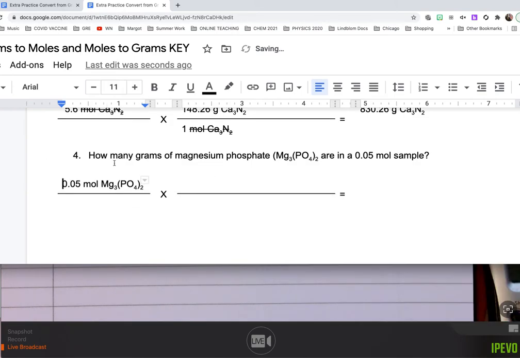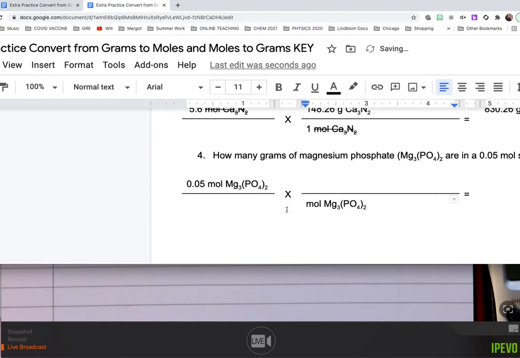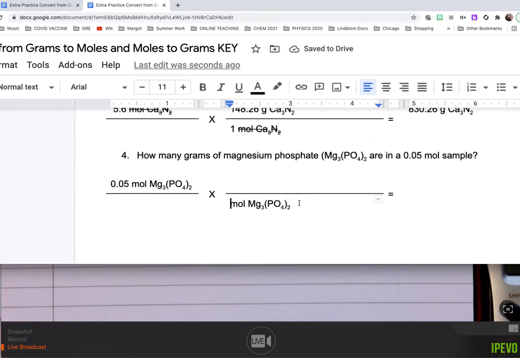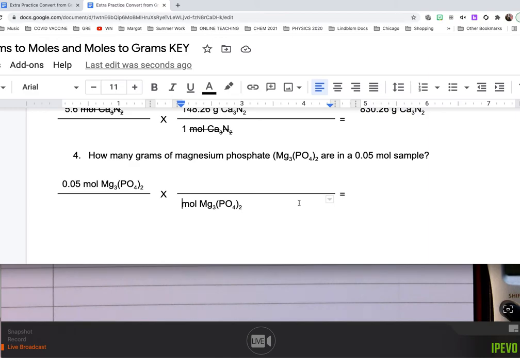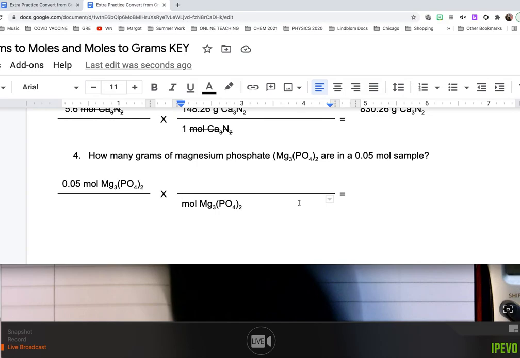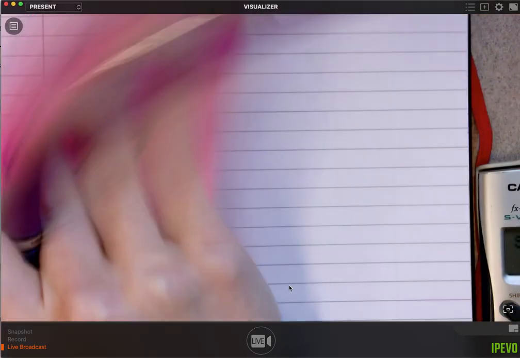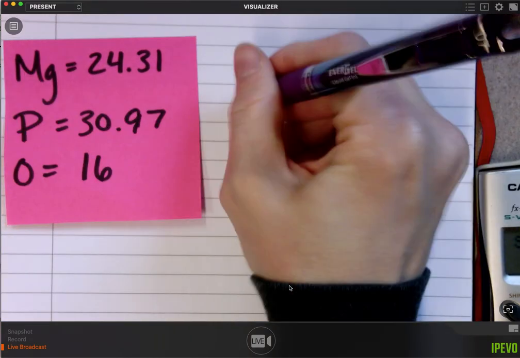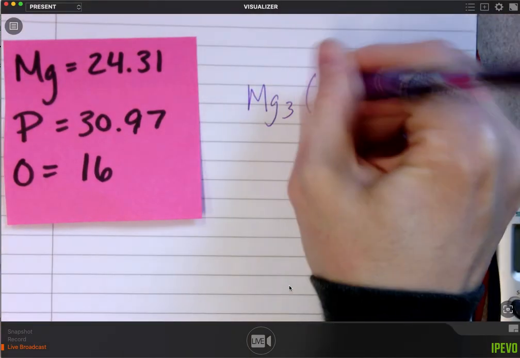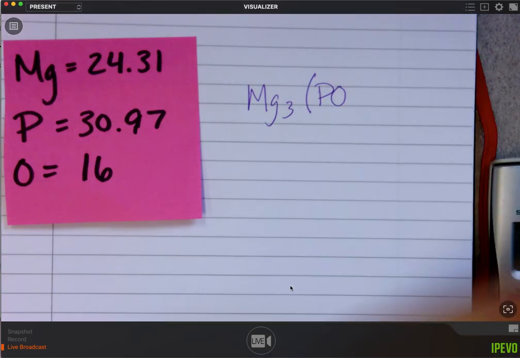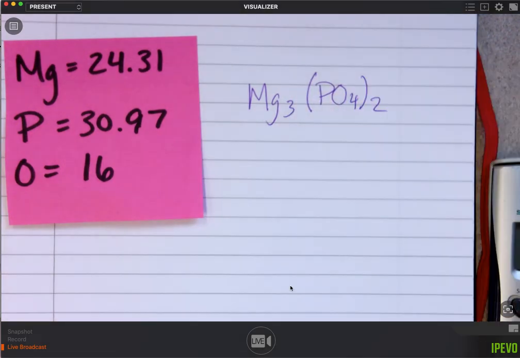Since moles of magnesium phosphate is at the top here, moles of magnesium phosphate goes at the bottom here. And now we just need to figure out how many grams are in 1 mole of magnesium phosphate. So magnesium phosphate is Mg3(PO4)2.